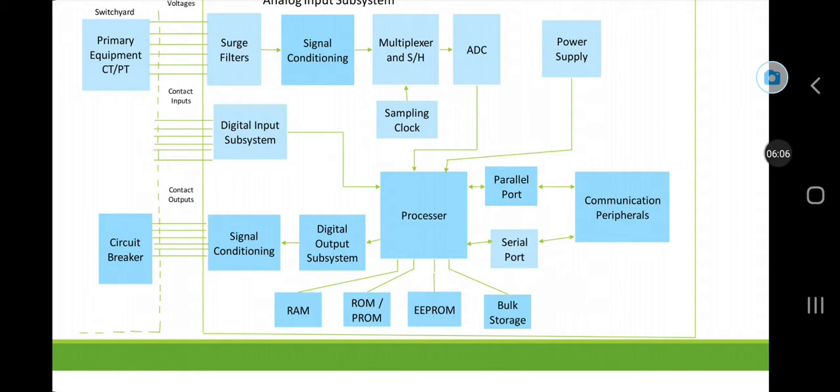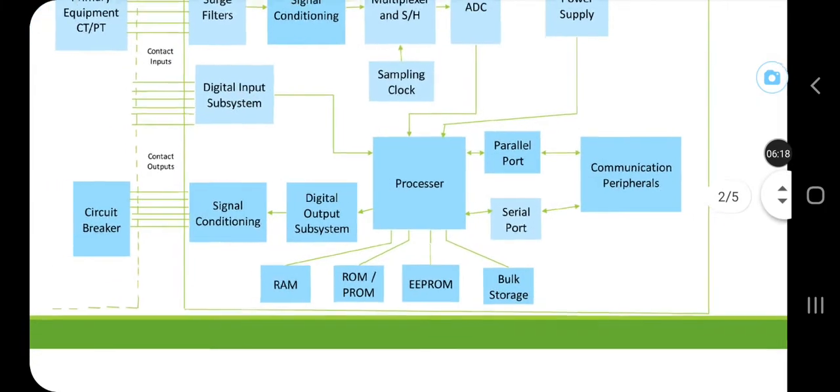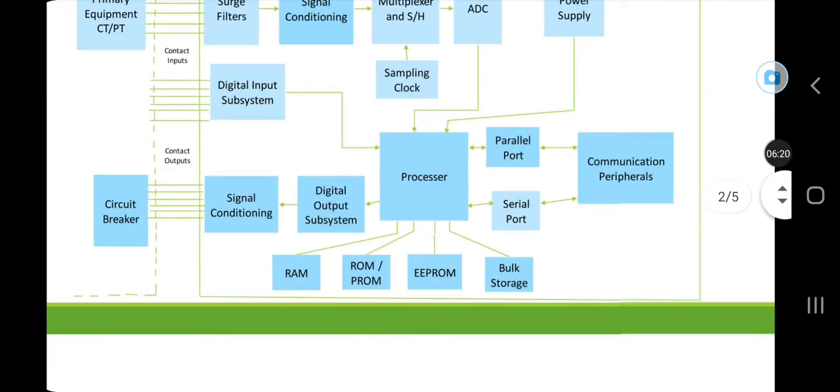EEPROM is electrically erasable programmable read only memory that is needed for storing parameters which need to be changed from time to time. For example, relay settings. Flash memory has replaced EEPROM in recent times.